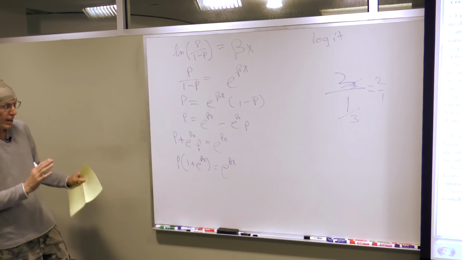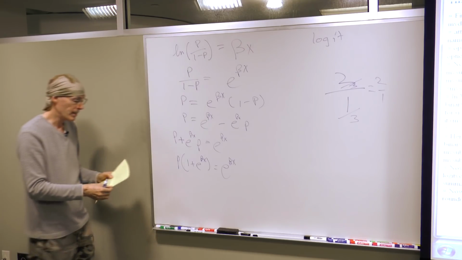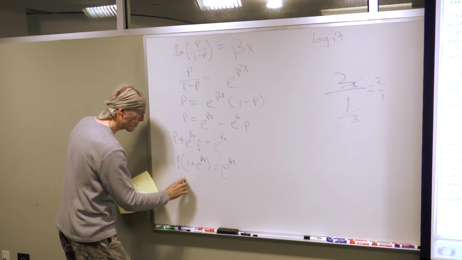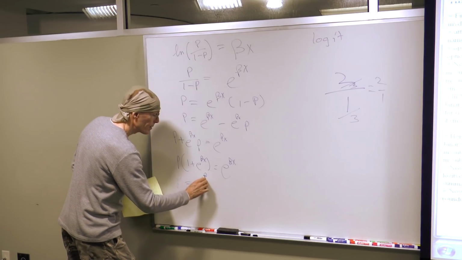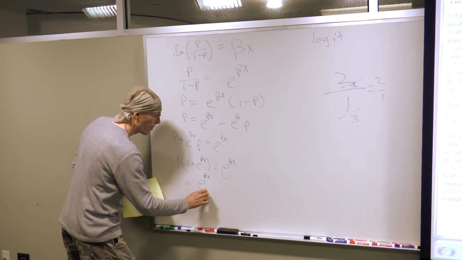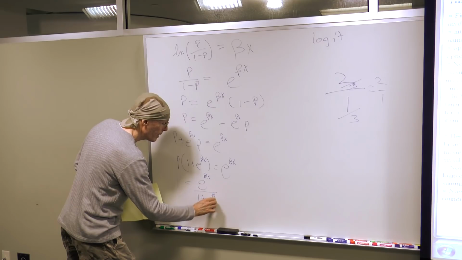And now I want to divide by 1 plus e to the beta x so that I isolate my p. So p is going to equal e to the beta x divided by 1 plus e to the beta x.